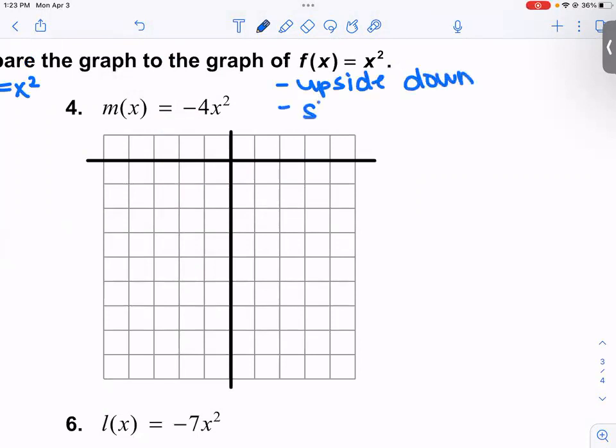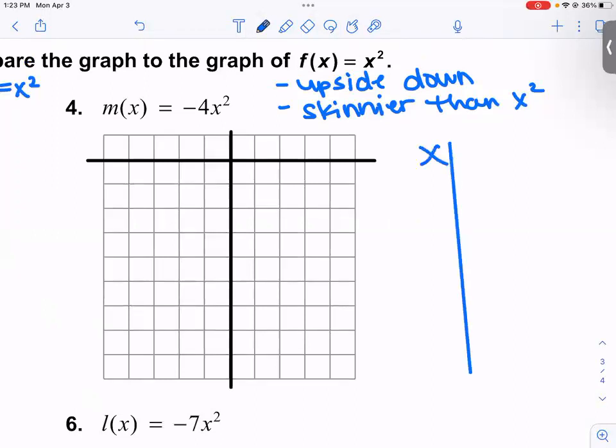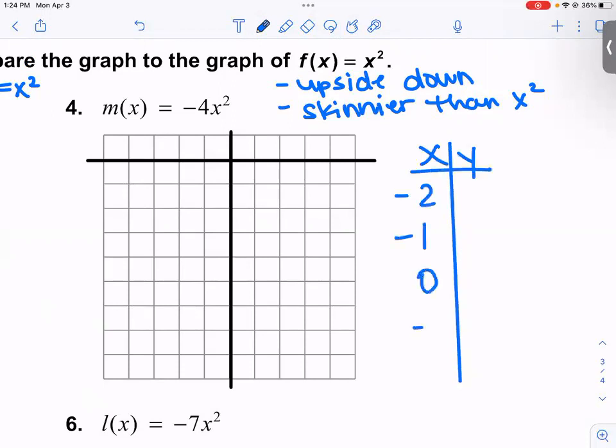Okay, it again will be skinnier than x squared because 4 is bigger than 1. The negative makes it flip upside down. The 4 is going to make it skinnier. Okay, so will you, for me, please, plug in these 5 numbers for x?